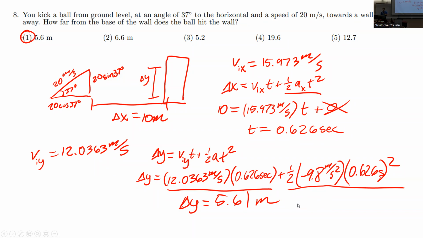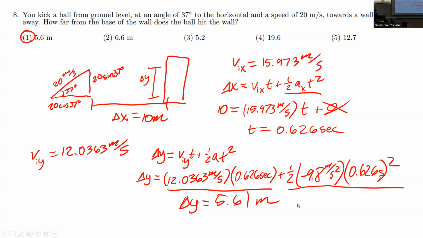How do we think about it if the ball had never reached the wall? Let me think about that. If the ball had never reached the wall, basically what that would give us is a negative answer.